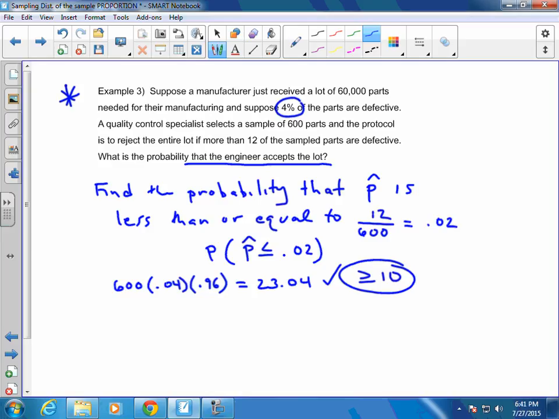Now, one of the other things the book comments on, but they don't really seem to ask you a lot specifically in the homework, but I want to comment on it here, and I'll go back to the previous example, is in general, you want no more than 5% of the population to be sampled.